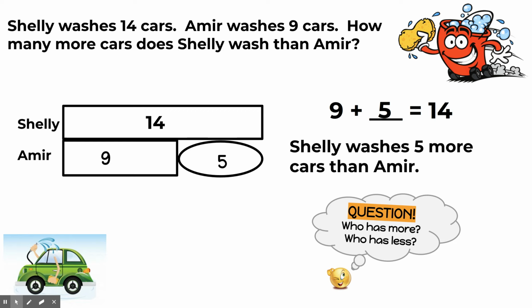It also doesn't make sense that Shelly could wash 23 more cars than Amir. She only washed 14. The problem told me that. So make sure that you build your model, write your equation, write your label, and then check your answer when you're done by putting it back in the problem and seeing if it makes sense. Have fun with your math problems.